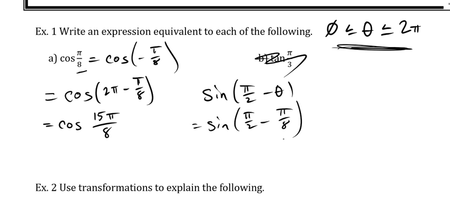So changing cosine to sine or sine to cosine is pretty easy because you can always use the cofunction identities, which is this. That's called the cofunction identity. So switching between them is always easy, but doing this one is the harder one. So that's 4 pi by 8, half, right? Minus 1 pi by 8, so that's going to be sine of 3 pi by 8.